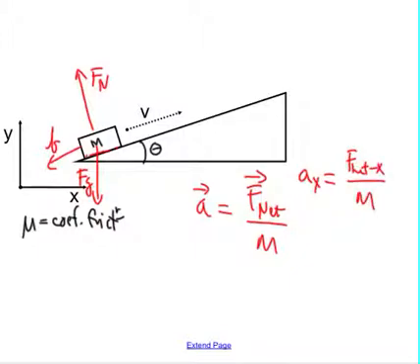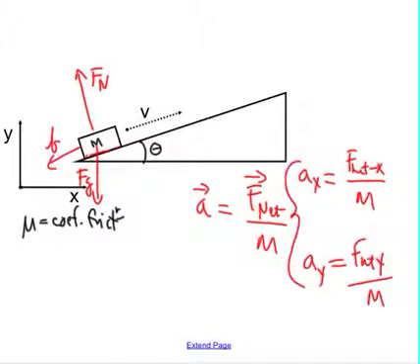Mass doesn't have an x direction. It also tells me the acceleration in the y direction will equal the net force in the y direction divided by the same mass. So what I really have here are two equations. And those two equations refer to two separate directions.